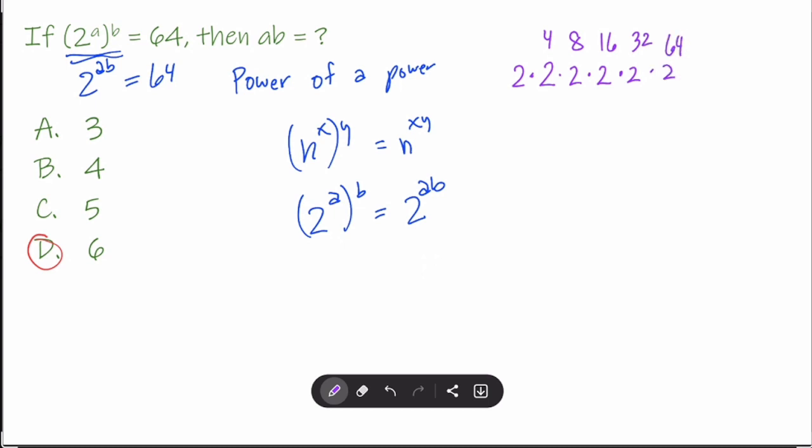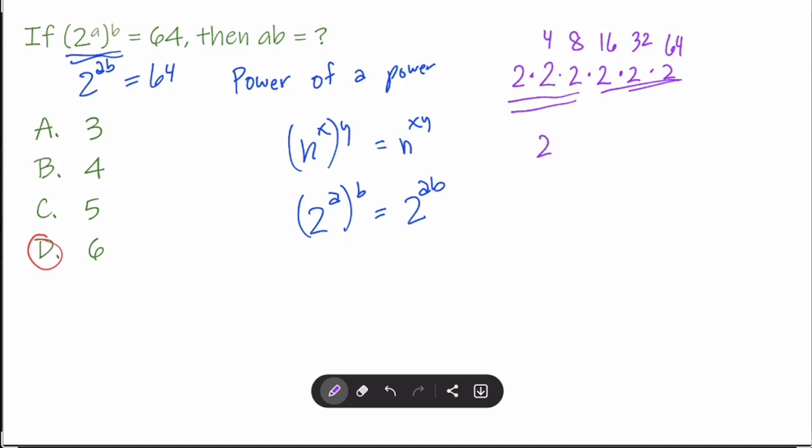By the way, I'm using the dot product, which just means times. That's another way to write a multiplication sign, which is just simply a dot, which is faster. So that means it needs 6 twos that we multiply to get 64.